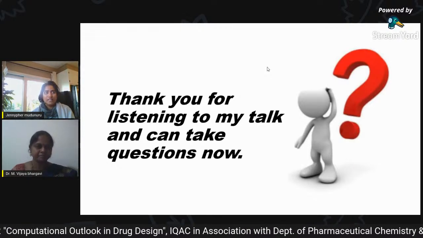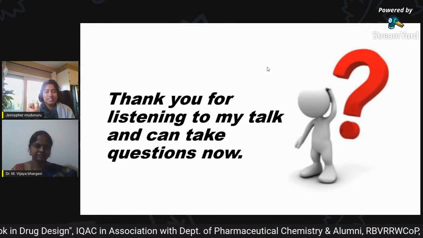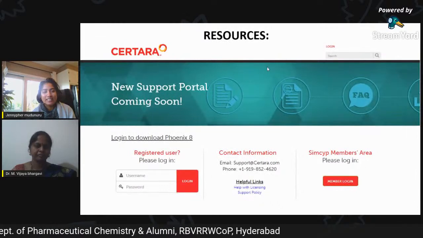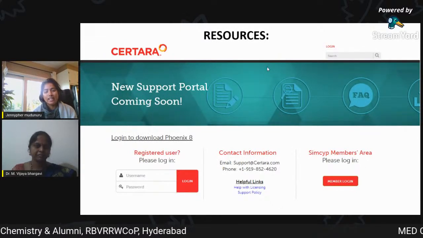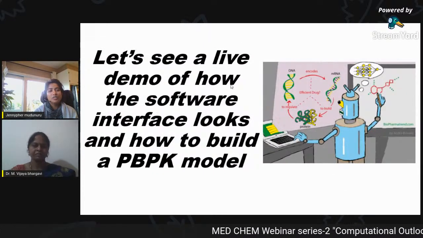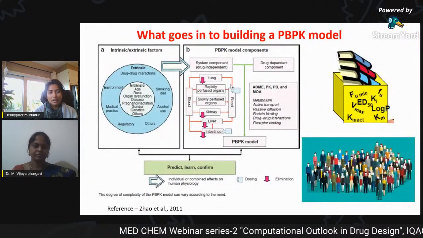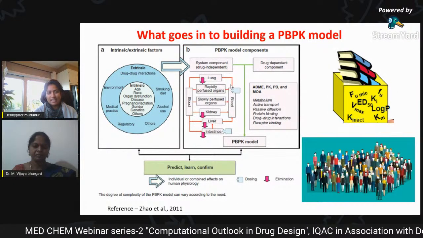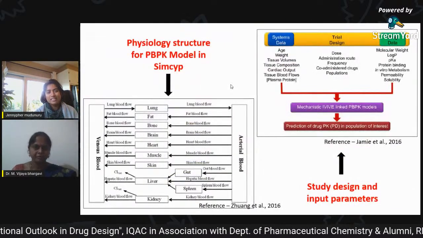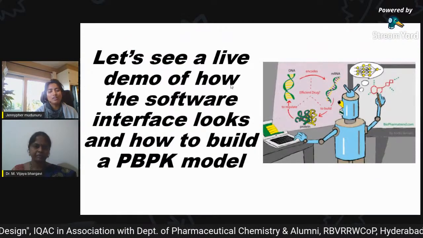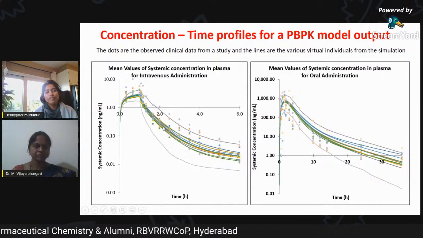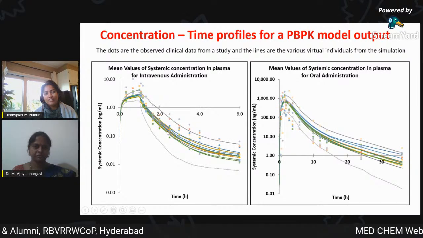The validation, so it's a very important step, the verification. If I go back to that slide, ma'am, the overlay of the observed data on the predicted data. So once you get the clinical data, we take the observed data and we overlay our predictions. If it doesn't overlay, it means it's not a valid model. Sorry, I keep going back and forth. Okay, here. So this is our validation step. Before we have any of the clinical data, we don't have these dots.